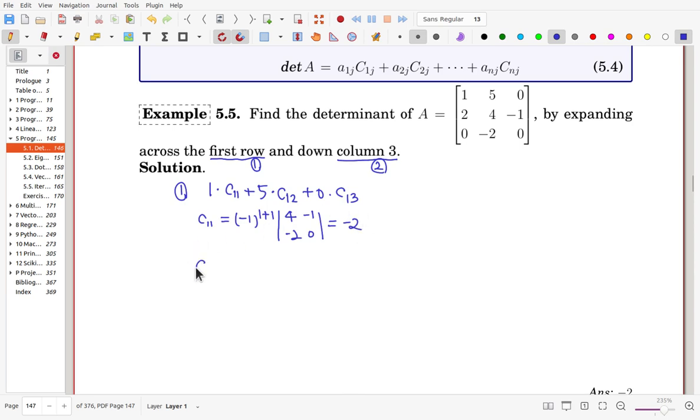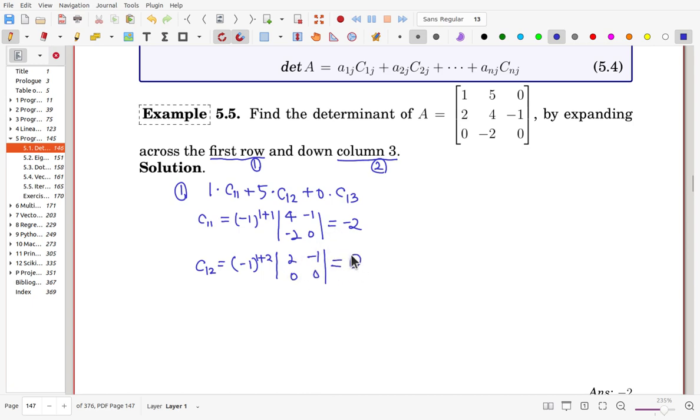How about C12, which is (-1) to the 1 plus 2. We get the submatrix for the entry 5; if we eliminate its row and column, the remainder part is 2, -1, 0, 0. The determinant of this matrix is 0.